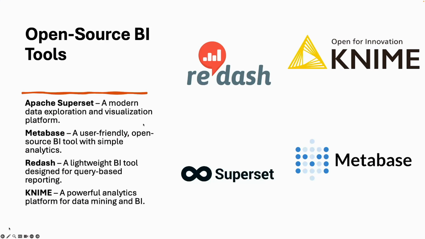Superset, again, my go-to tool, very modern, very flexible. Metabase is very easy to use, very user-friendly. Then we have Redash. It's lightweight, basically designed for query-based reporting, and Lime, again, a very powerful analytics tool. Mainly targeted toward data mining and BI.